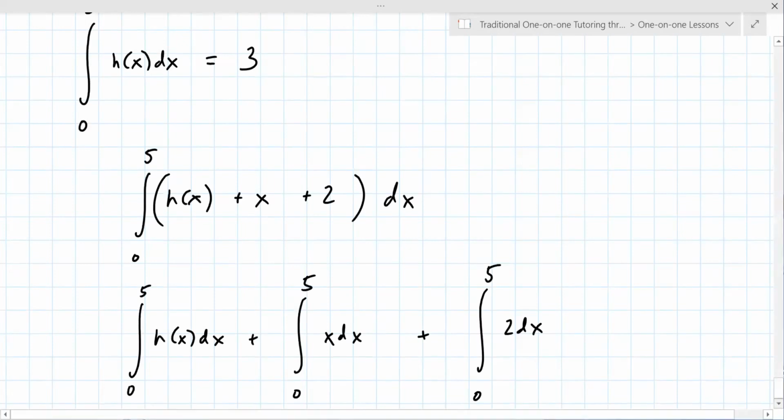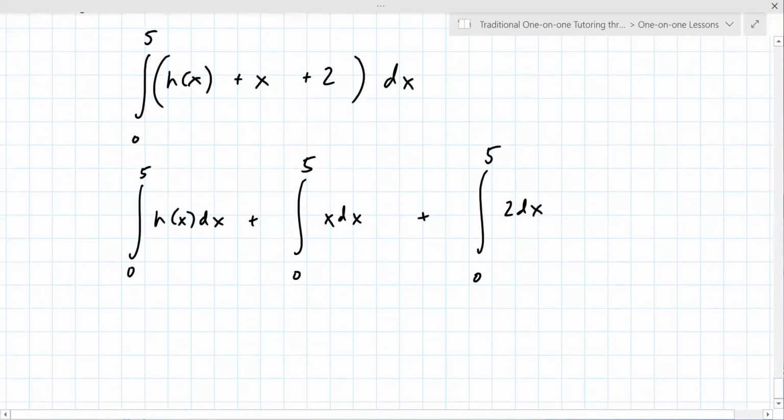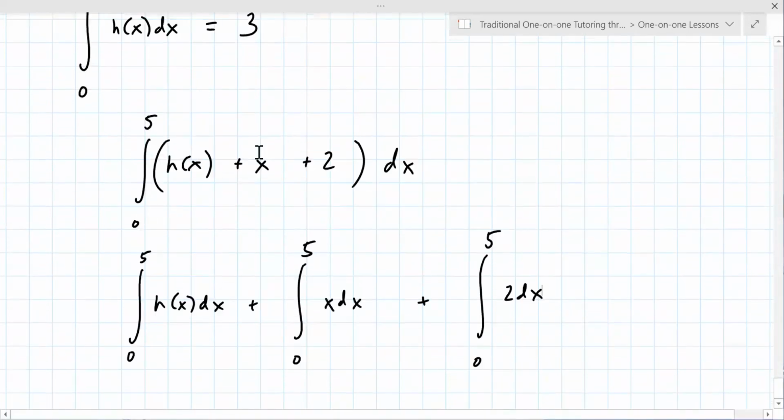I got 25.5, but I feel like that's not right.